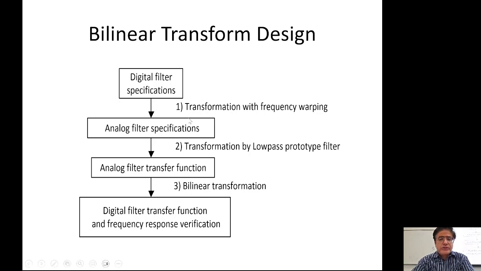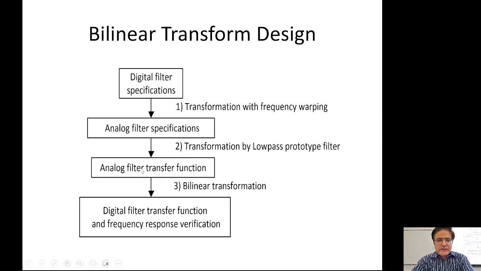And then we do some transformation to convert them to the equivalent design of the analog filters. And then once we have the specifications for the analog filter, we take a low pass prototype filter and convert it into a filter of the specifications that we get at this stage, right?